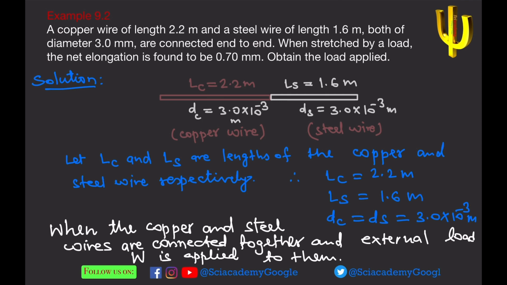When the copper and steel wires are connected together and an external load W is applied to them, because of this load there is an extension, an elongation in the two wires together, that is given as 0.70 mm.